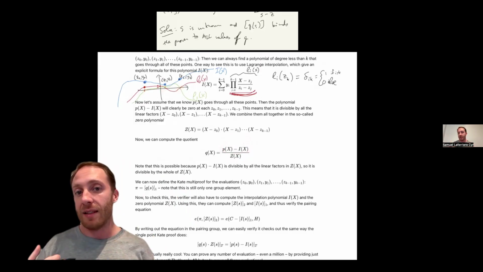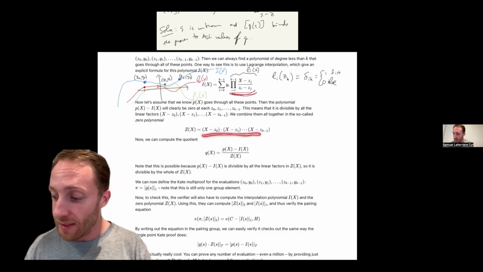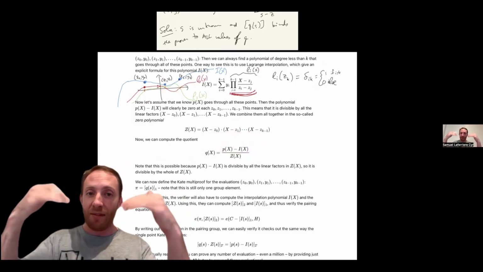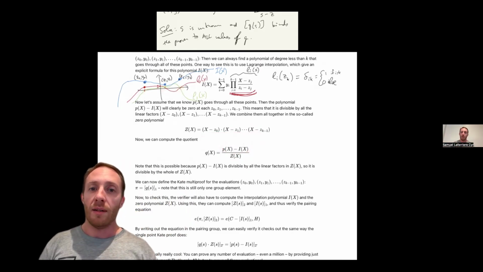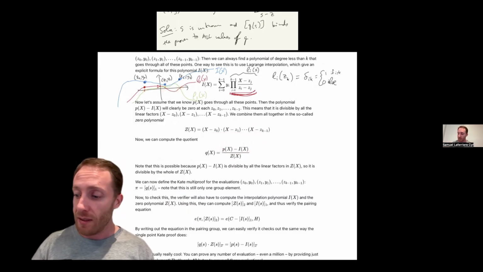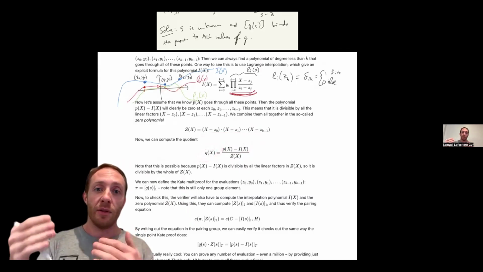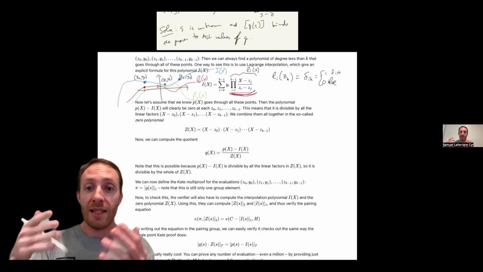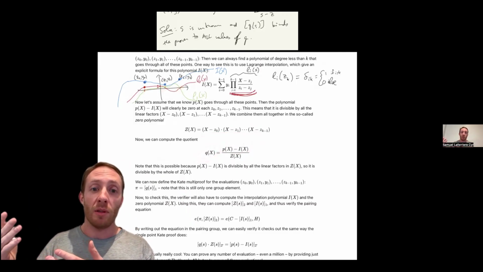Therefore, I can divide it by this zero polynomial. It's literally the same trick. And then I get q of x, which here is a degree d minus k polynomial.